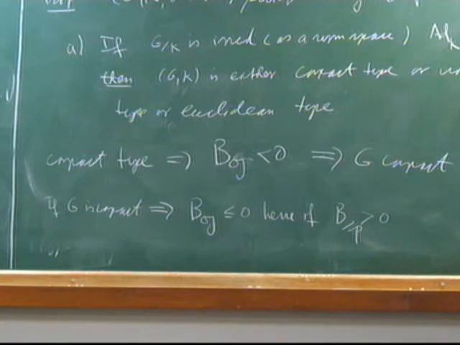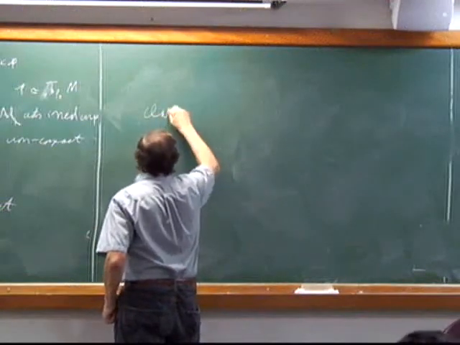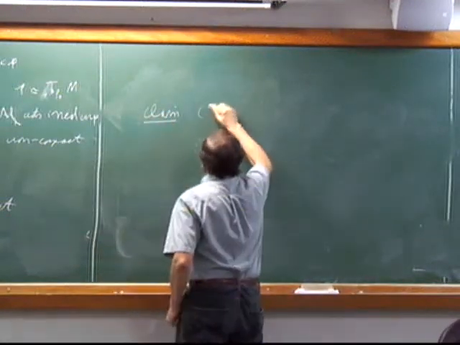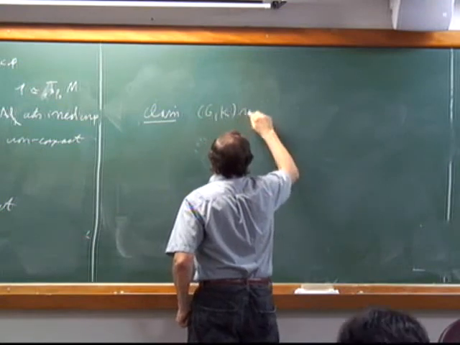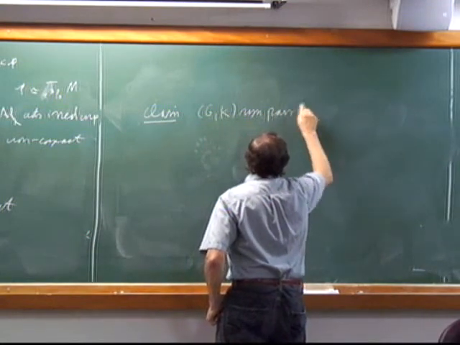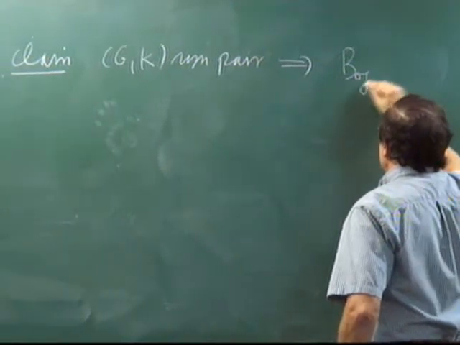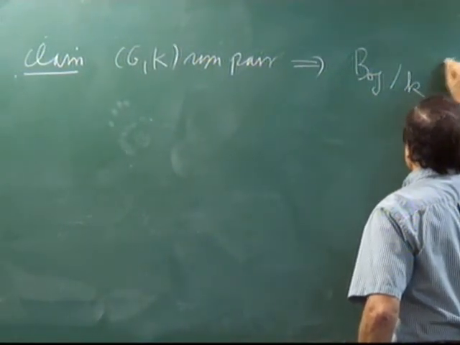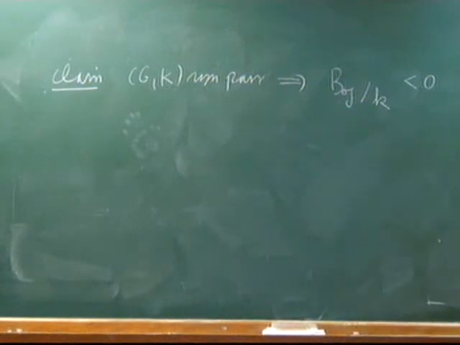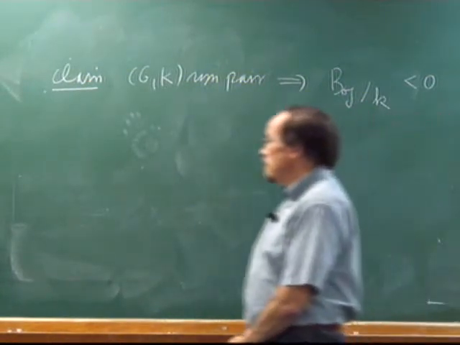So let me write down the claim, and then we can just finish it right here. (G, K) symmetric pair implies the Killing form of the Lie algebra G restricted to K is negative definite. So that's always true. No assumption of type or anything. It's always negative definite.